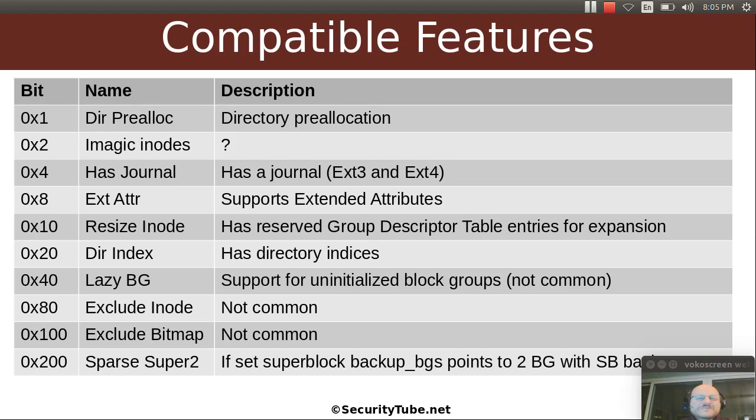It's not very common, but you could have it. There's an exclude inode and exclude bitmap feature, also not very common. And then there is a sparse_super2 feature. In the superblock, there is a field, there's actually two of them, it's an array that points to block groups that have backups of the superblock.